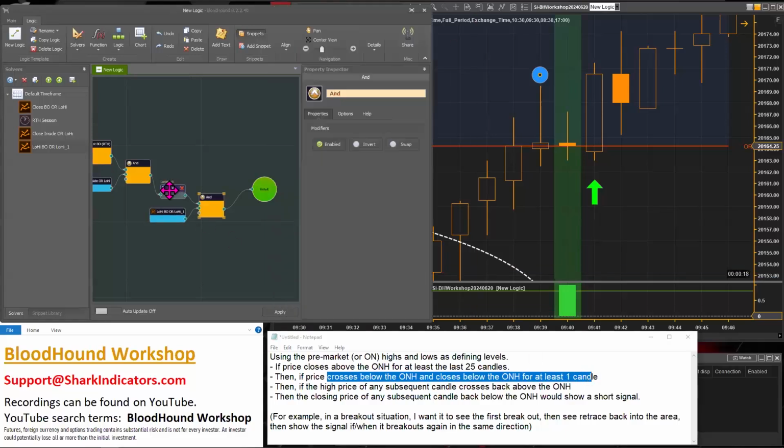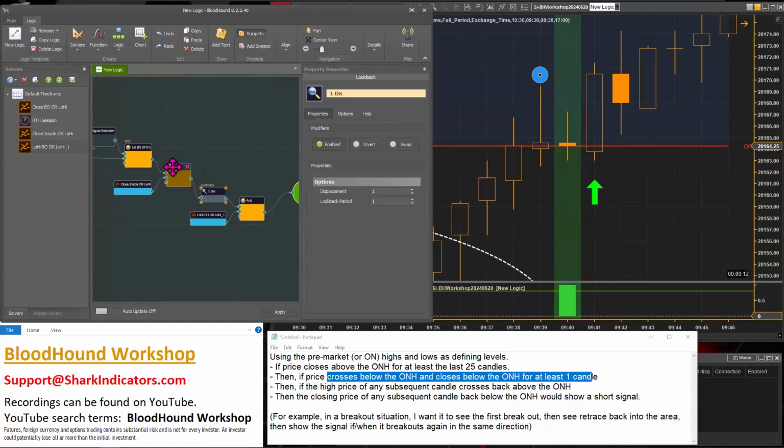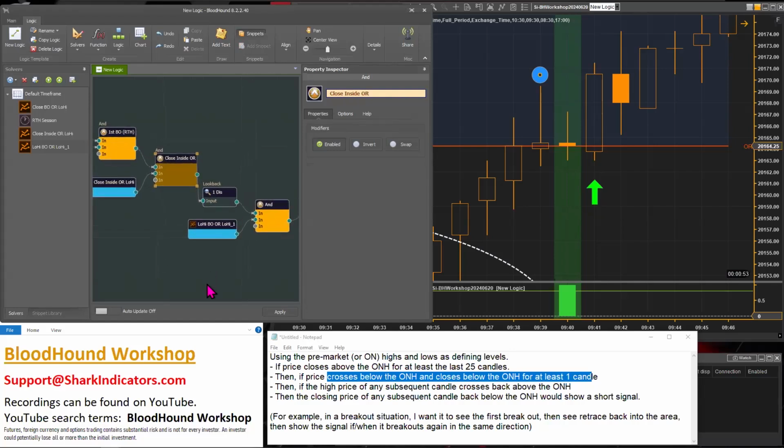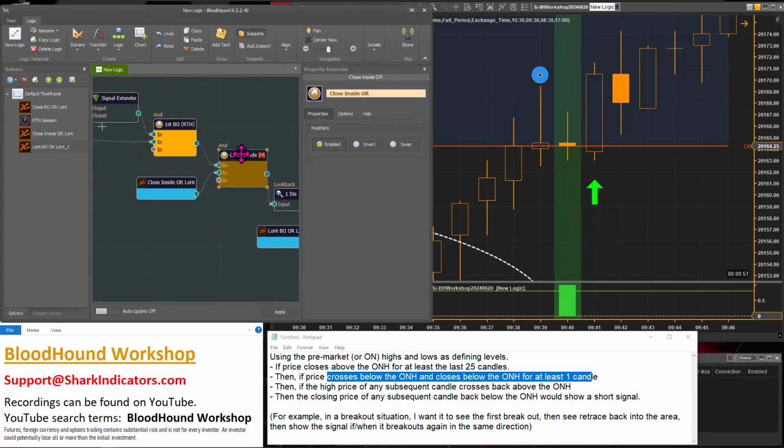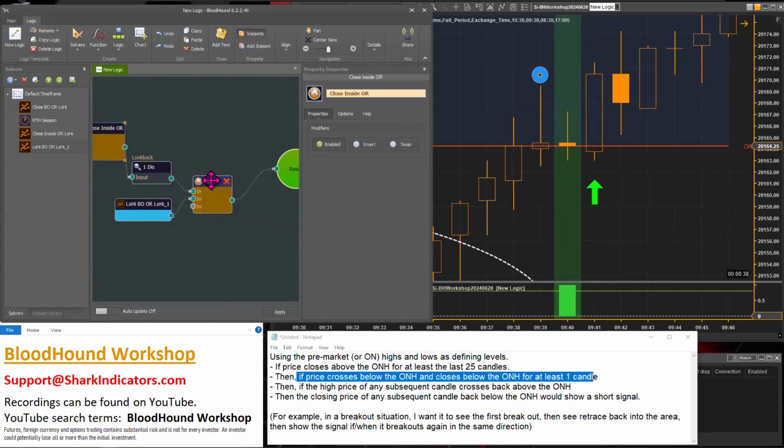That is why I had to use this look back node. This AND node is our close going back inside the opening range, so that's this rule here.